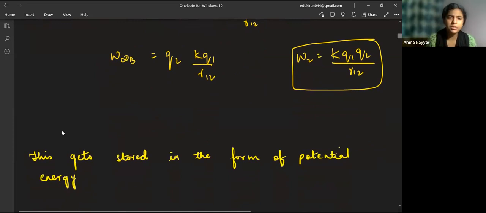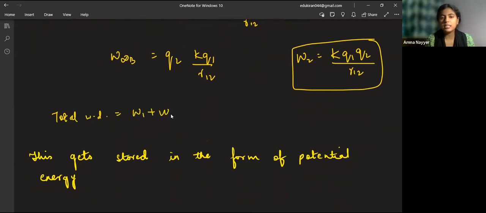First, let's forget about potential energy. Total work done will be W1 plus W2. W1 was 0 because no other charge was present when Q1 only came. When the second charge comes, this becomes K Q1 Q2 divided by R12.